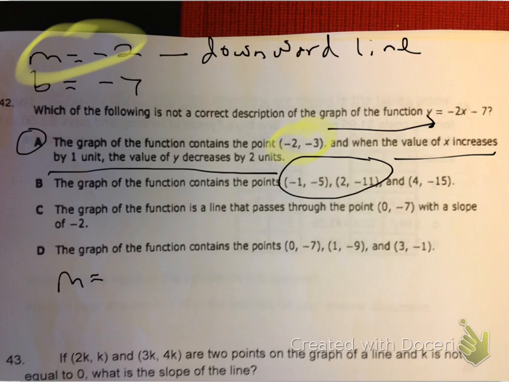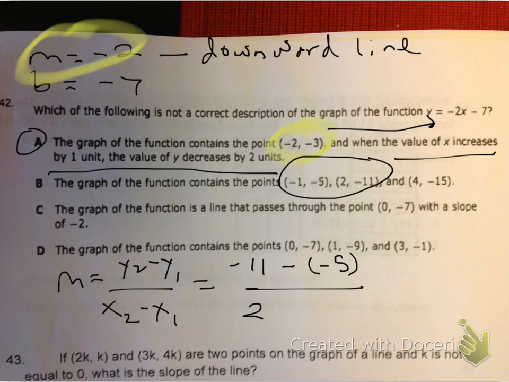So slope equals y2 minus y1 over x2 minus x1. So that means you have -11 minus -5 over 2 minus -1. If I simplify this, I have -11 plus 5 over 2 plus 1.